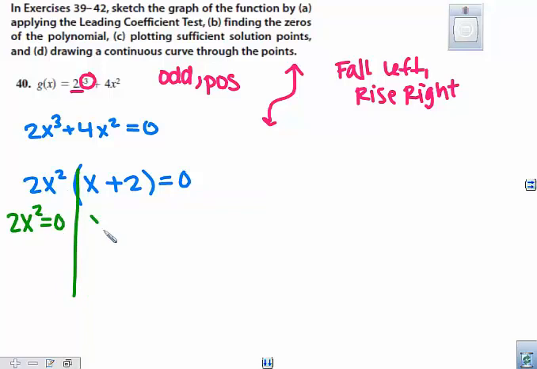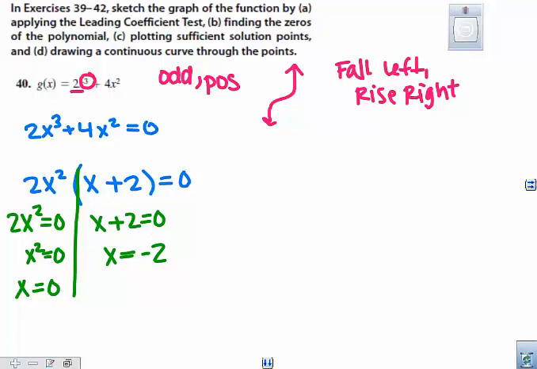I set each factor equal to 0. That gives me -2 here. And if I divide by 2, 0 divided by 2 is still 0. And then the square root of 0 is just 0. But I do know that this is a repeating root because I have that squared. So it would really be plus or minus 0.